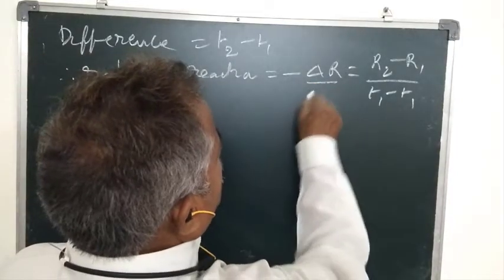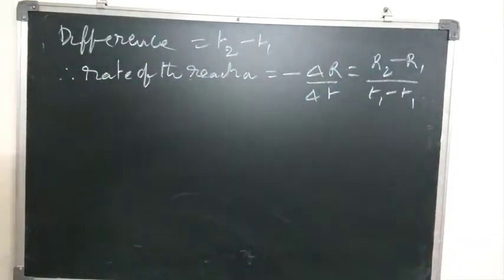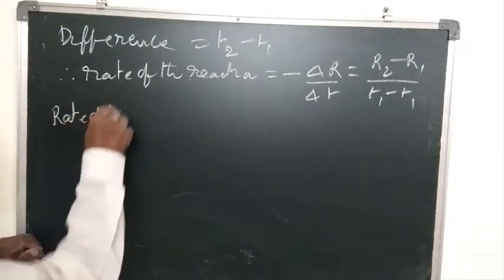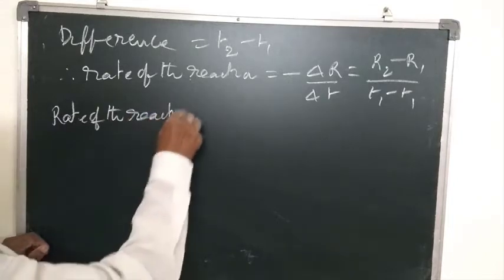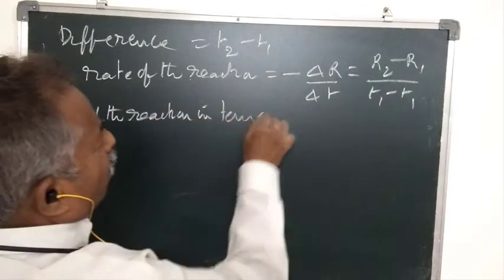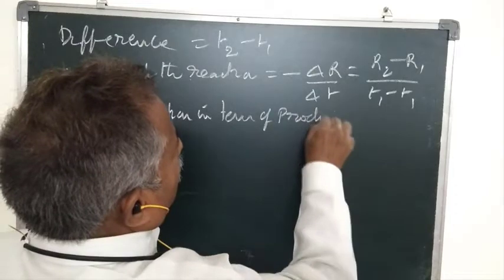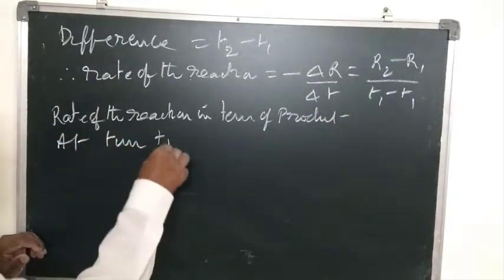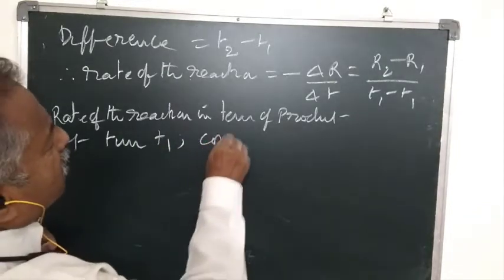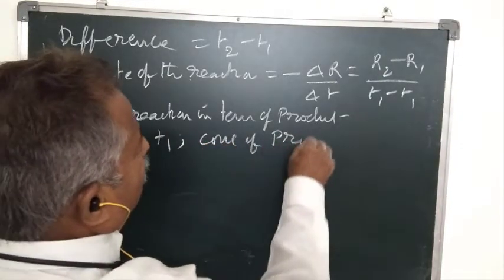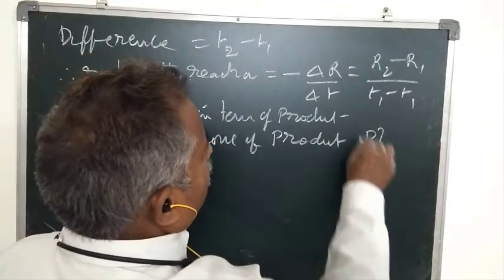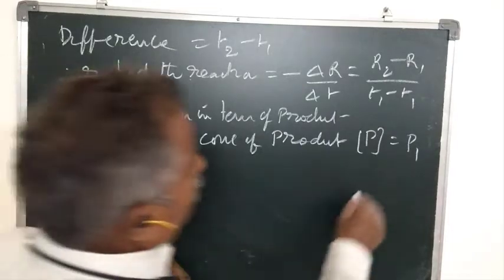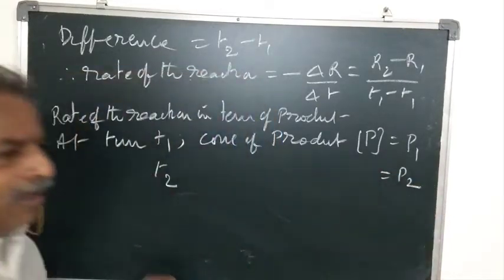So this is delta T. In the same manner, rate of the reaction in terms of product: at time T1, concentration of product kept in square bracket equal to P1, at time T2 this is P2.